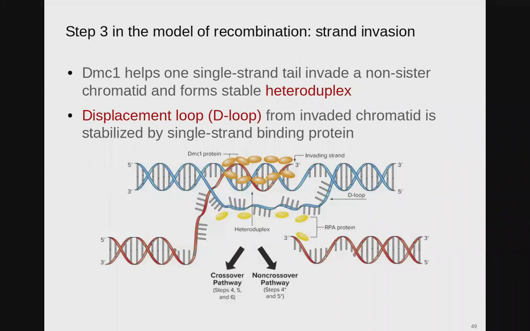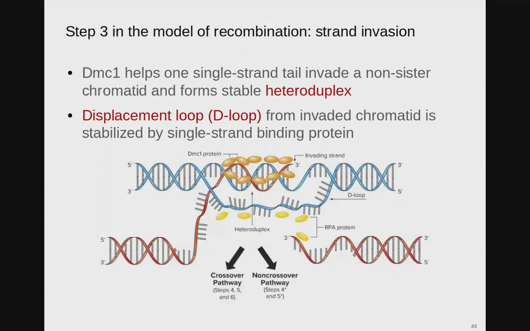So what we're looking at here is we started with this non-sister chromatid here in blue, and we have this RPA, which again, we have DMC1, which helps break apart this other non-sister chromatid here, allowing this one to come in and bind, creating two pieces of single-stranded DNA here and a piece of single-stranded DNA here, allowing red to essentially hybridize with blue.